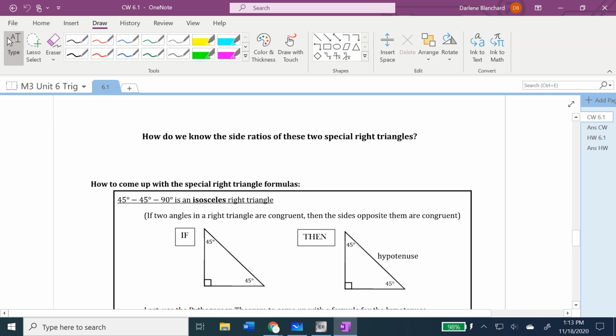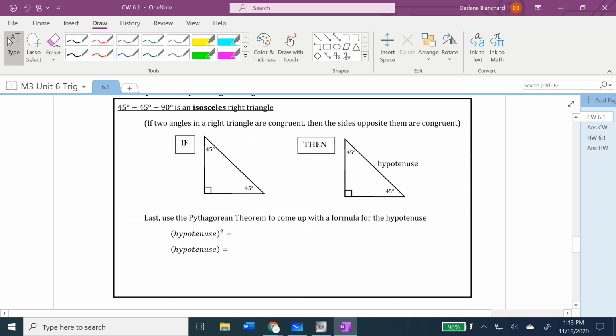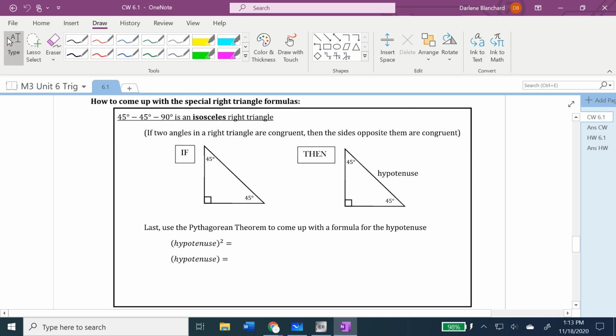So, I'm going to start off right here with a 45, 45, 90. Does everyone remember that if you have a pair of congruent angles, that means the sides that are opposite those two angles are themselves congruent?